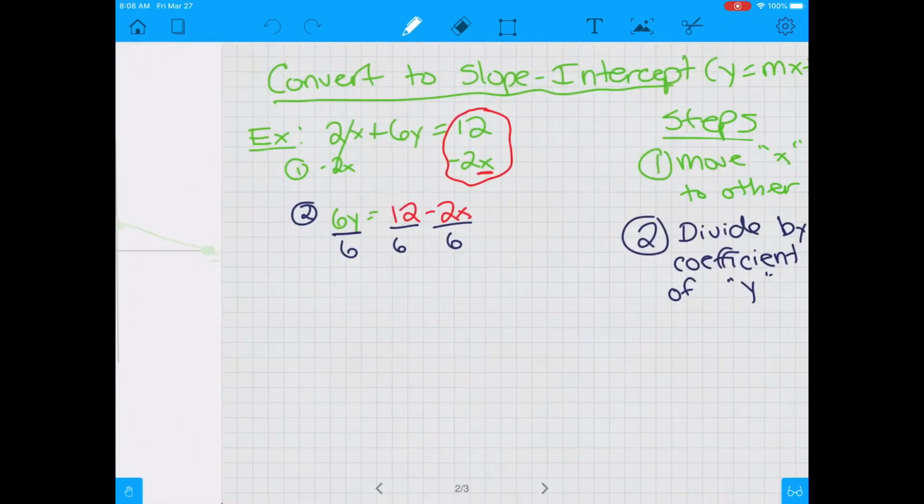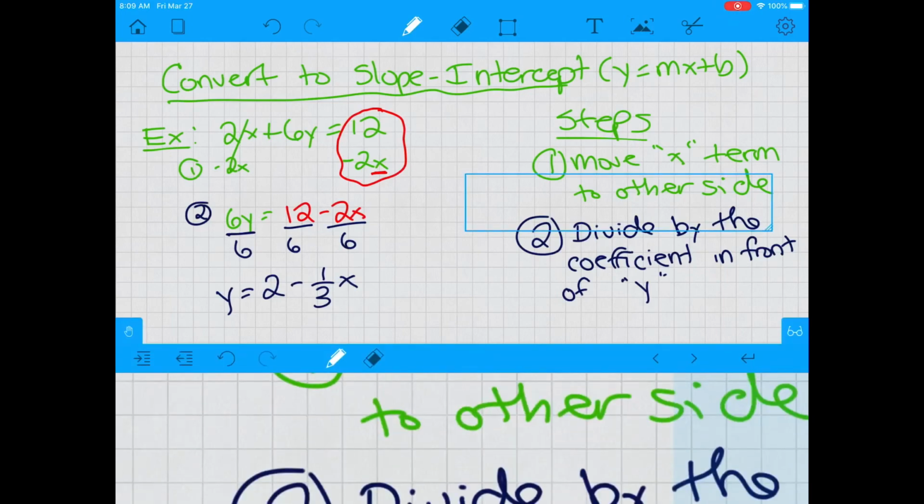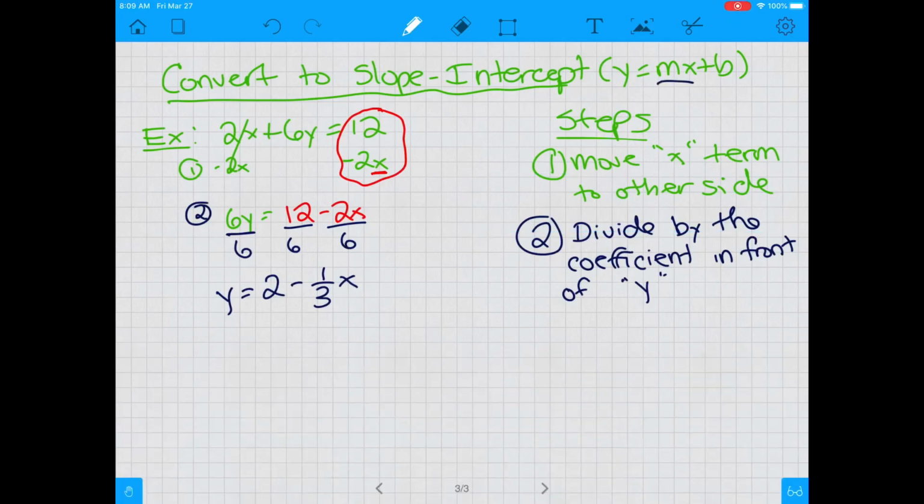Whoops, I hit the button. Y on this side, 12 over 6 is 2. Negative 2 over 6 is negative 1/3. So I'm almost done, right? Almost done. Remember though, with slope intercept form, we want the x term to be first, right?